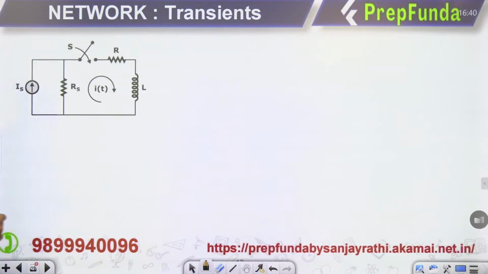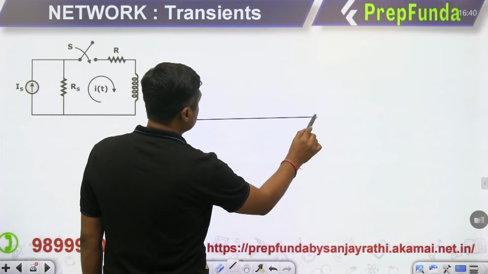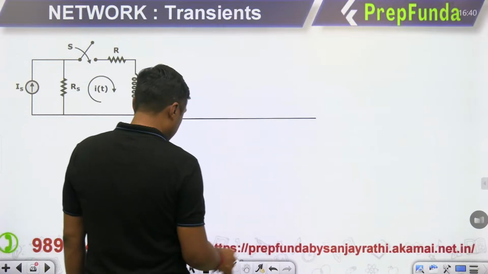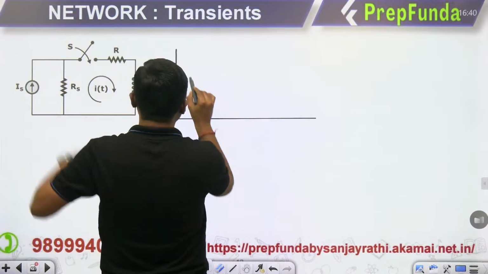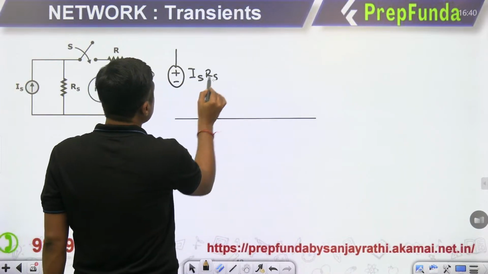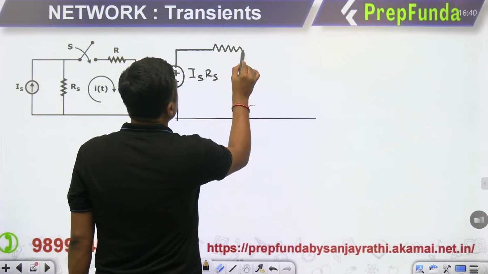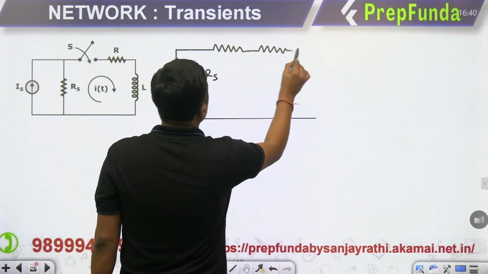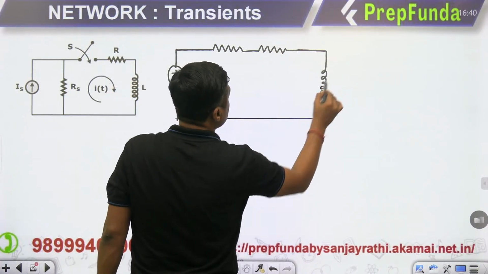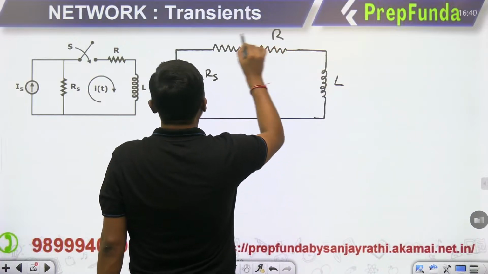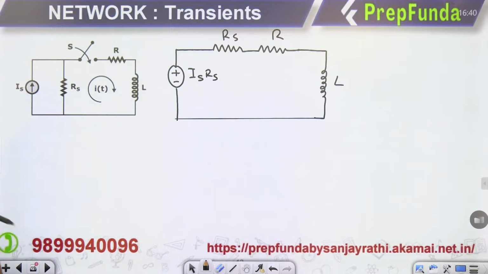So you convert it into a voltage source, Is Rs, in series with Rs. This is the R and this is L. This is Rs. Right. Now this is the circuit for t greater than 0.